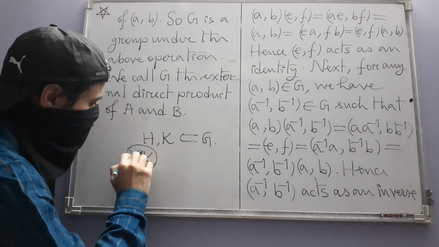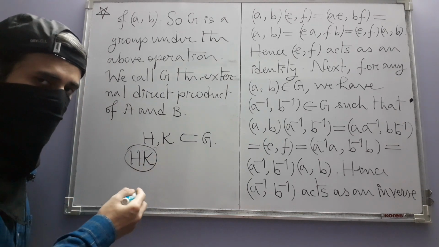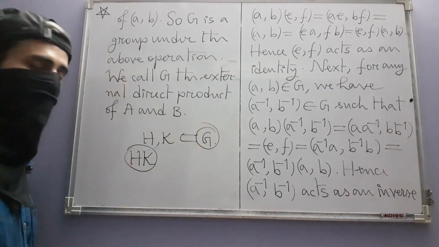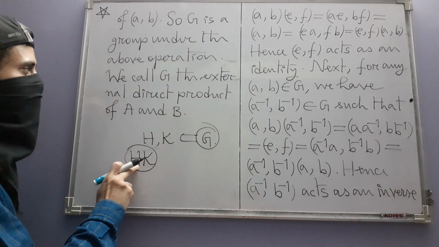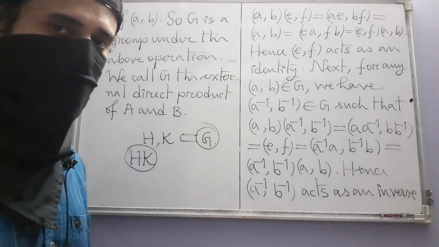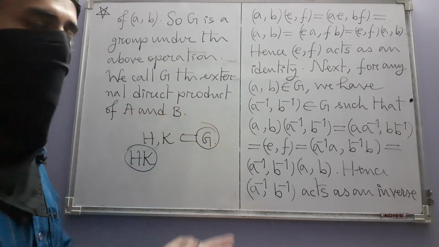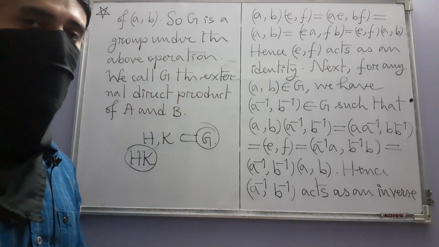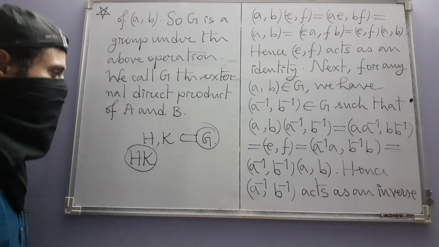In defining this product of two subgroups, we have used the binary operation that was already there in G. In that sense, this is an internal product. Here, however, we had to actually define a binary operation externally that turned the Cartesian product into a group. That's why we are calling it the external direct product of A and B.